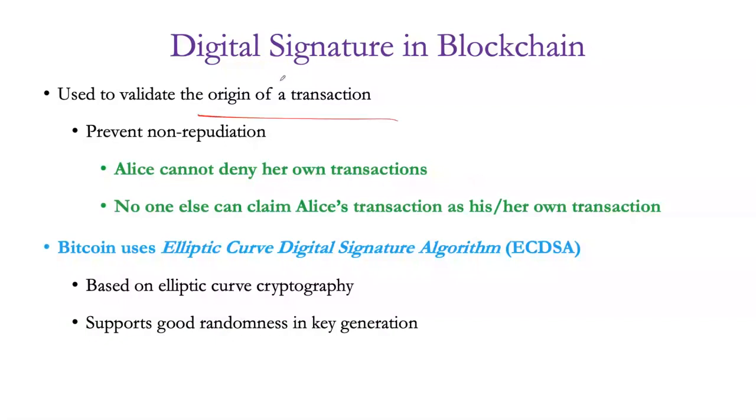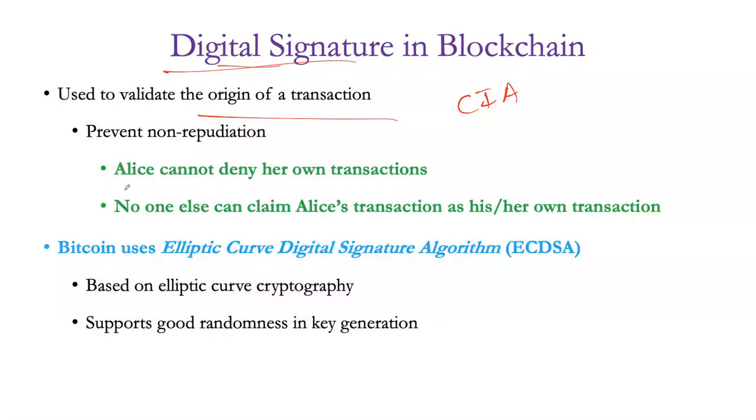As we discussed, the digital signature can validate confidentiality, integrity, and authenticity, the CIA. It prevents repudiation in blockchain technology.